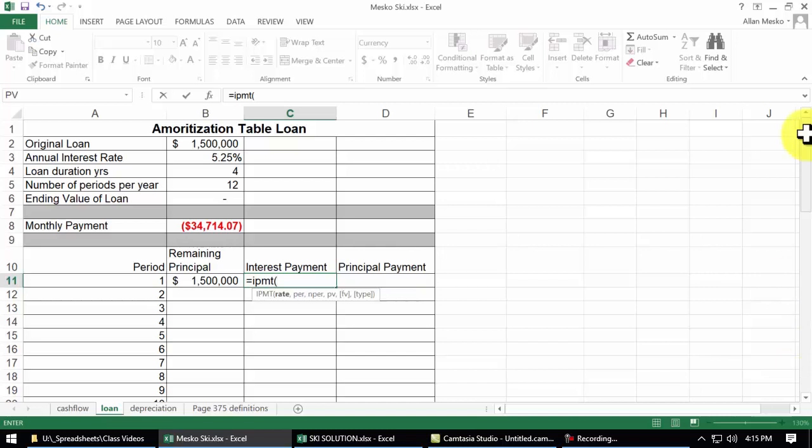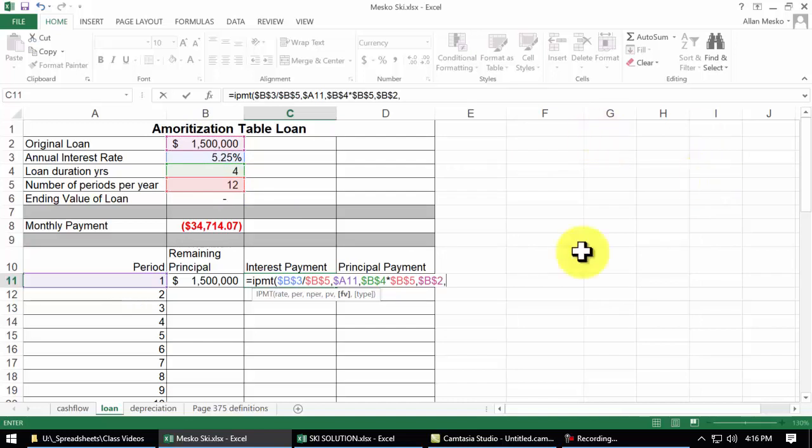our rate is going to be the annual rate divided by the number of periods in a year. The period number is right here in column A. The number of periods is always going to be 48. That's the length of our loan, 4 times 12. Our present value for the entire loan is this much.